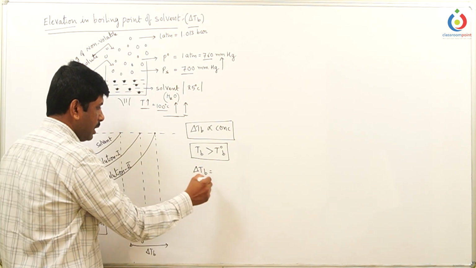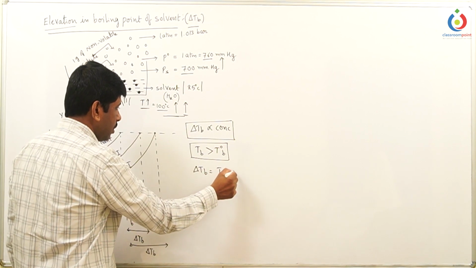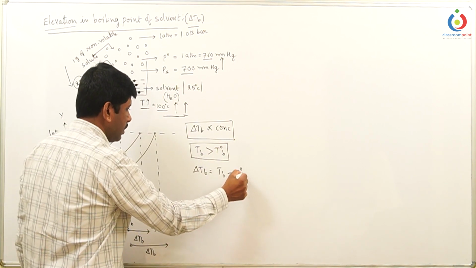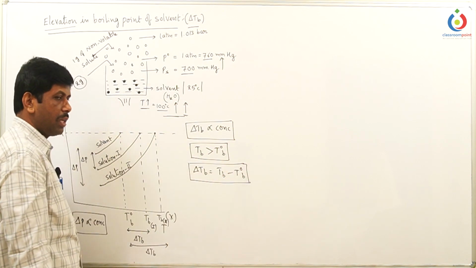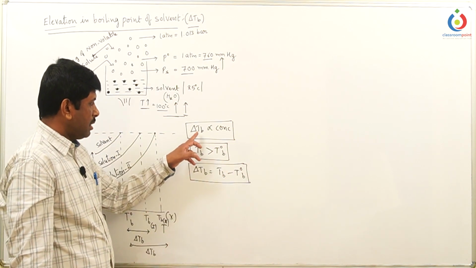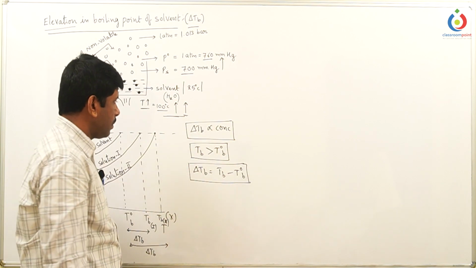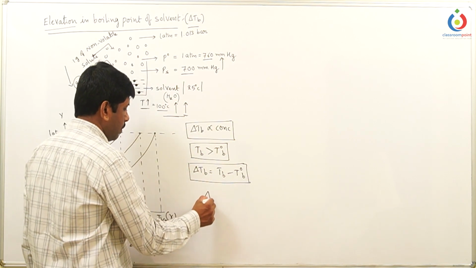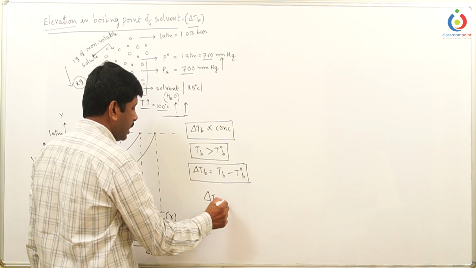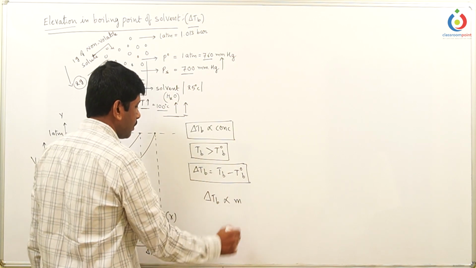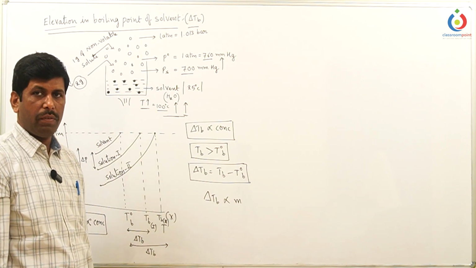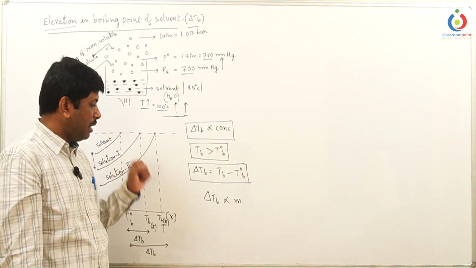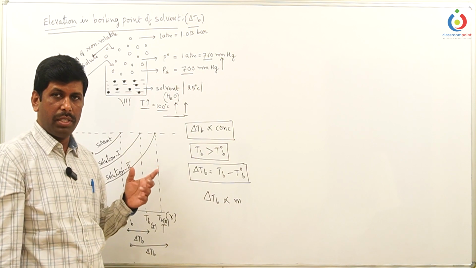Here the higher value is the boiling point of the solution, and the lower value is the boiling point of the solvent. So delta TB equals TB minus T naught B. As I said, delta TB is directly proportional to the concentration. Here I am taking concentration as molality. The reason for taking molality is that it is independent of temperature, because here we are changing the temperatures.